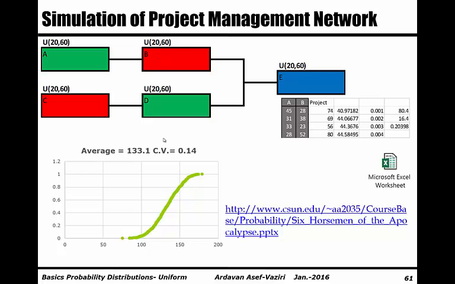So usually when we simulate a project, we use the triangular distribution. But for the sake of simplicity and to be able to deliver the concept, in this talk I will use the uniform distribution. Later in another talk, I will simulate a project network using the triangular distribution.